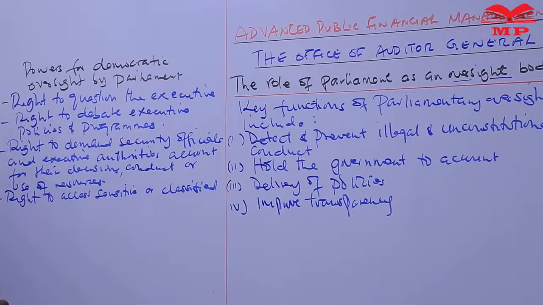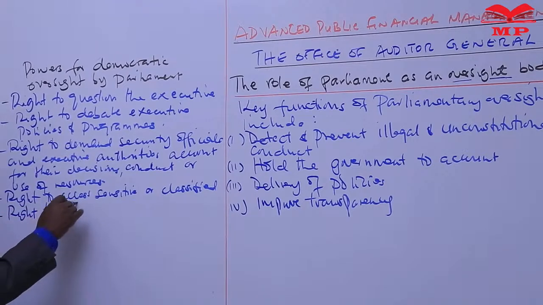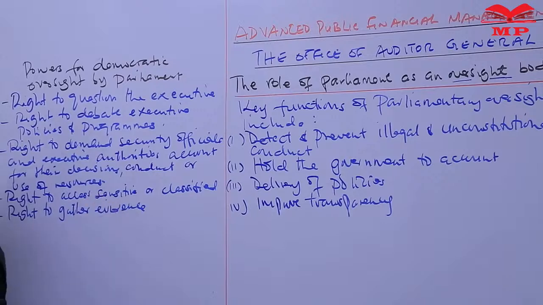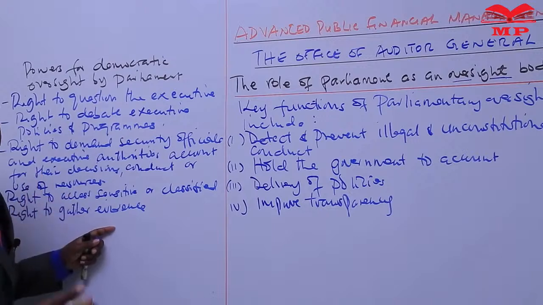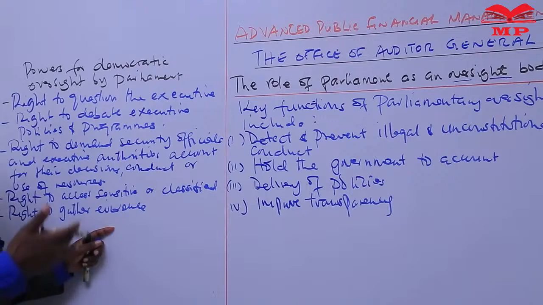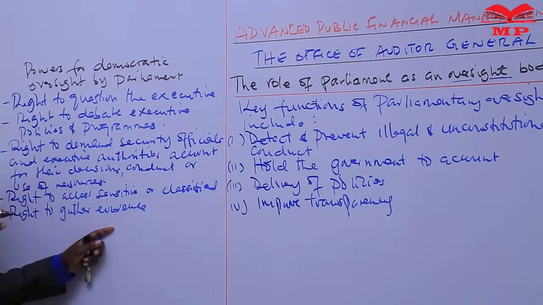The Parliament also has the right to gather evidence, including visiting and inspecting security installations, gathering testimonies, and assessing government documents, and sometimes including operational information.